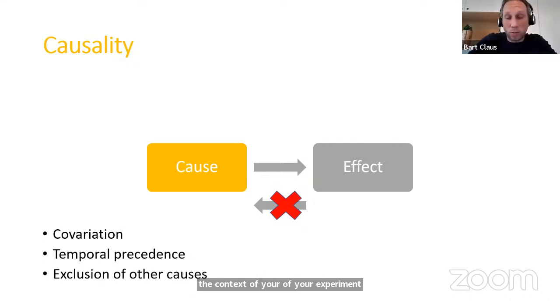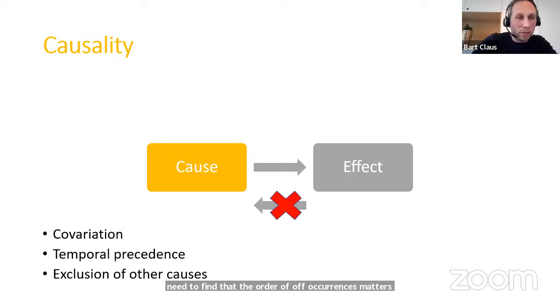And so you need first of all theoretical reasons why the independent variable is the independent variable and is not a dependent variable, right? But you also need to find that the order of occurrences matters, right? That you first need to manipulate that independent variable before you see an effect on the dependent variable, right?